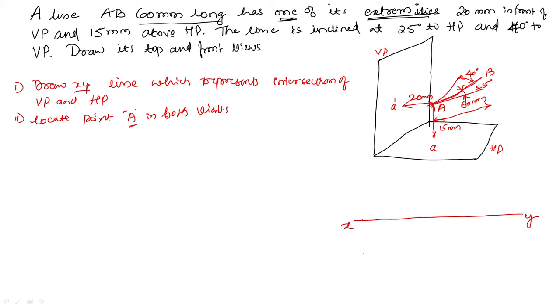Now let us draw the locus of point A in top view and the locus of point A in front view. Now this is A dash. It is 15 mm above HP. Now you follow the projection.